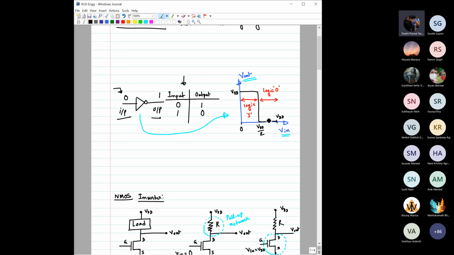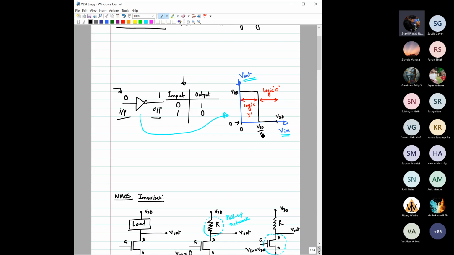If you apply any voltage beyond VDD by 2, that is in the region from VDD by 2 till VDD, then you are expected to get an output voltage equal to 0, which indicates the logic 0 level.